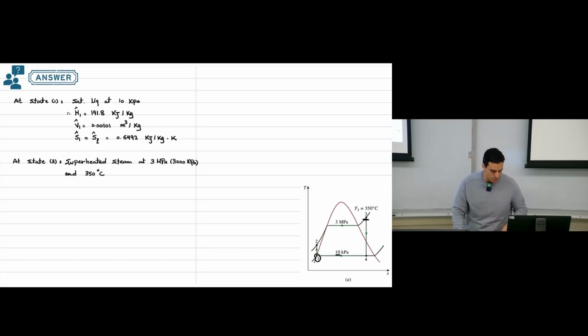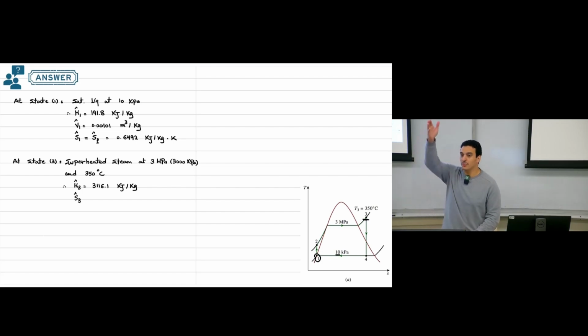So again, go to the superheated steam table, then we find specific enthalpy at state number 3. This one will be 3116.1 kilojoule per kilogram, and also find specific entropy at this point. Why do we find specific entropy at this point?